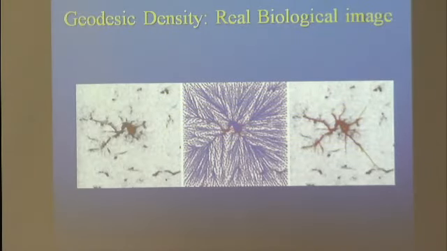And here you see an application to a real image. Here you have the source point. Here you have in red the set of endpoints that are adaptively distributed on the image.